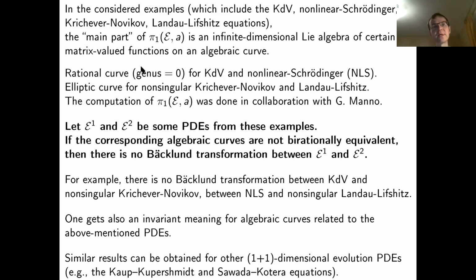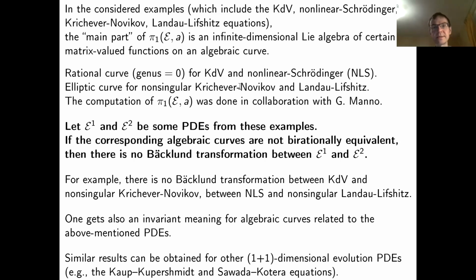In those examples, the main part of the fundamental Lie algebra turns out to be an infinite dimensional Lie algebra of certain matrix valued functions on an algebraic curve. In particular for KdV and NLS, the curve is rational, that is, it is of genus 0. And for Novikov and Landau-Lifshitz equations, the curve is of genus 1, so it is an elliptic curve.